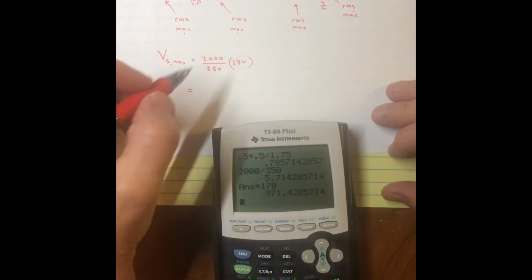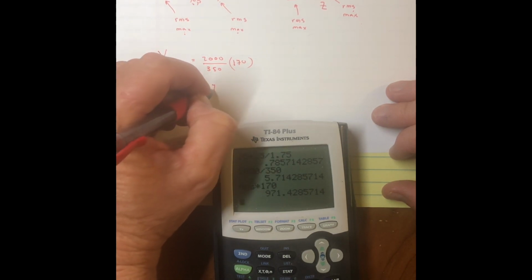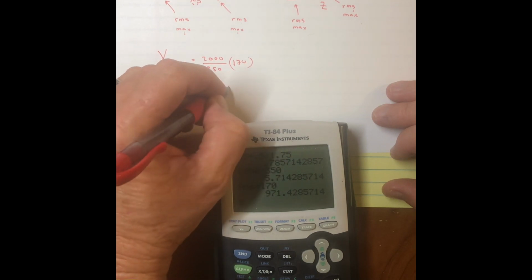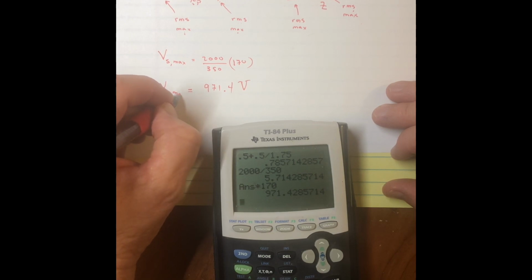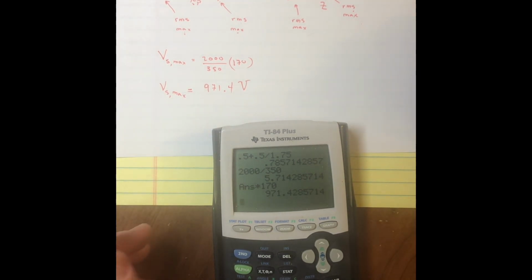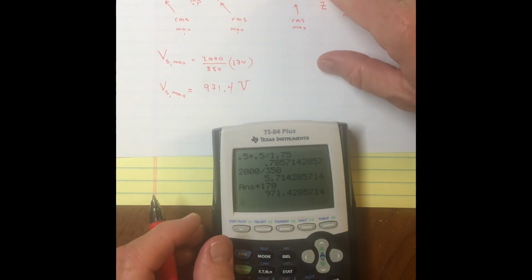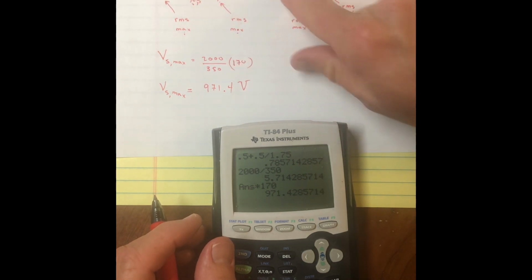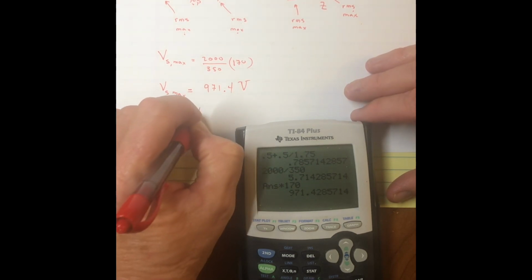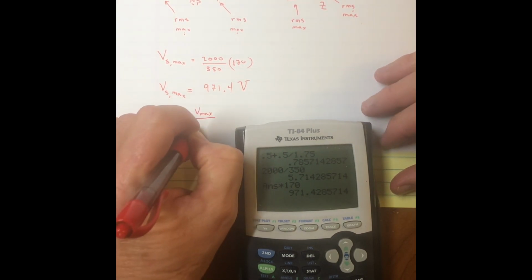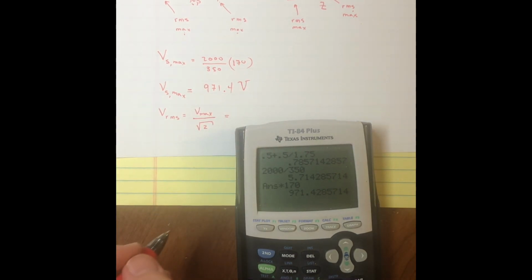Okay, so that's the step up, and it's a step up from a maximum of 170. So this is getting to be some significantly high voltages here. And 971.4 volts is the maximum voltage in the secondary. And so I'm not quite at what they want. They want the RMS voltage that's in the secondary. And so the RMS is the maximum reduced by the square root of 2, at least if it's sinusoidal.